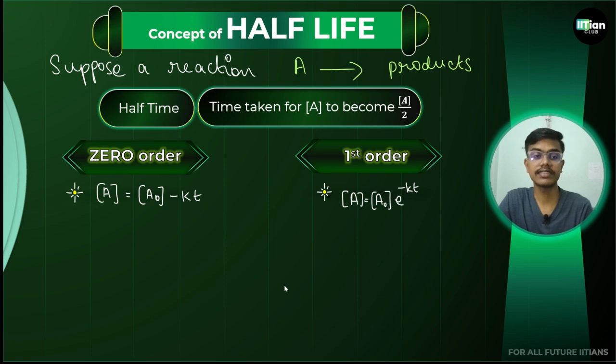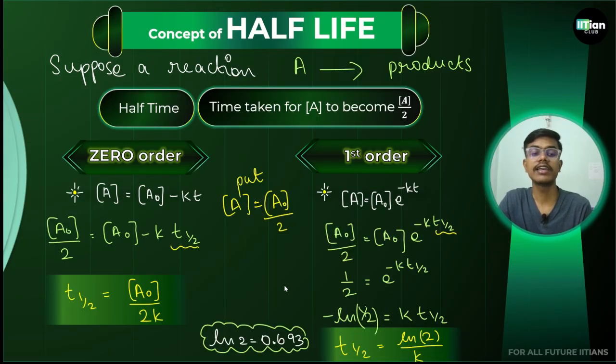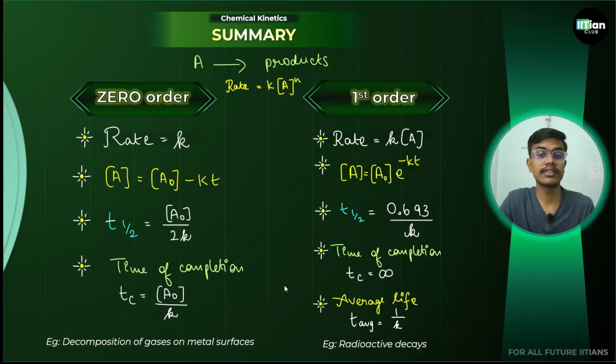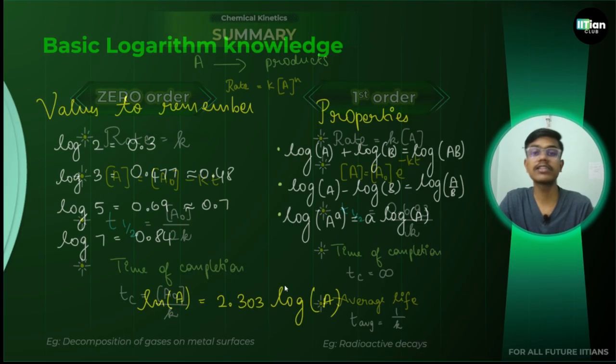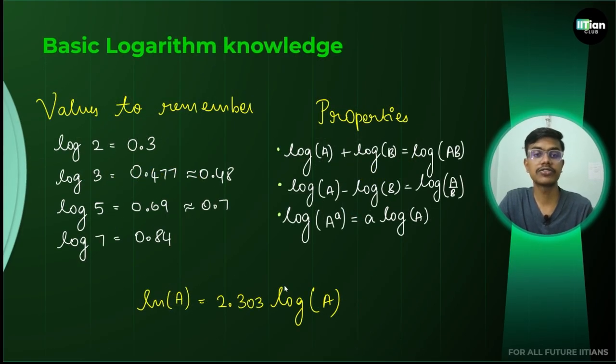In the concentration expressions which we got earlier, we'll be substituting A is equal to A naught by 2, and while doing the analysis you will get T half as A naught by 2K for zero order reaction and a constant value for first order, that is ln2 by K. ln2's value is 0.693. This is the summary of zero and first order reaction. These are some logarithmic values you should know to solve a few numericals in JEE Mains.